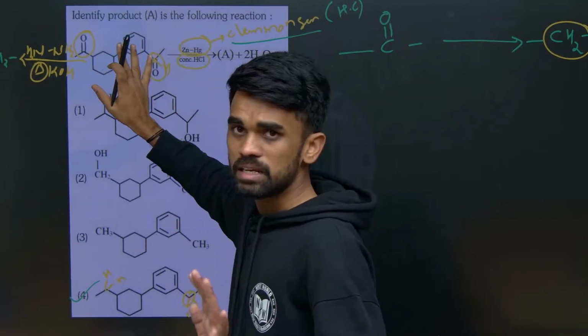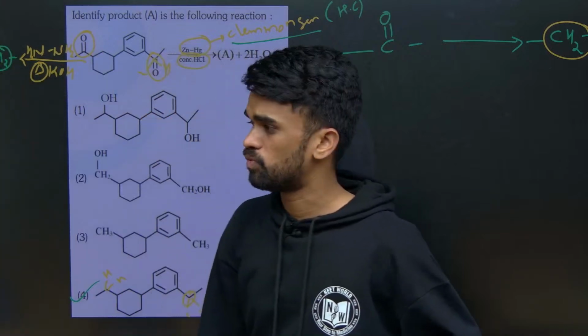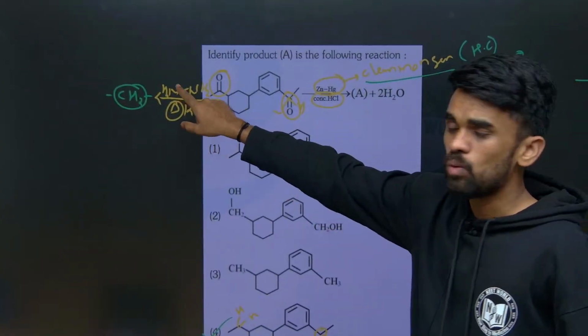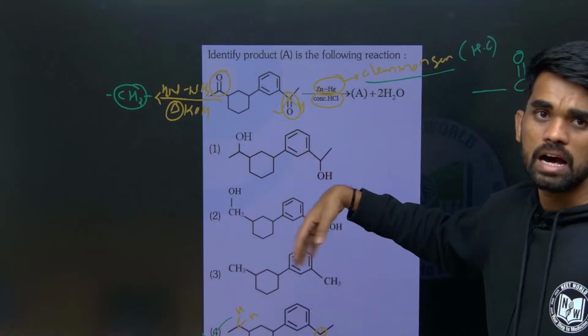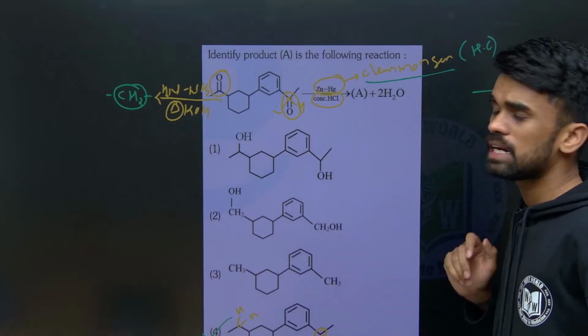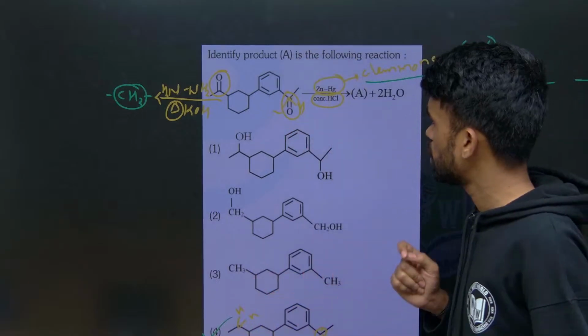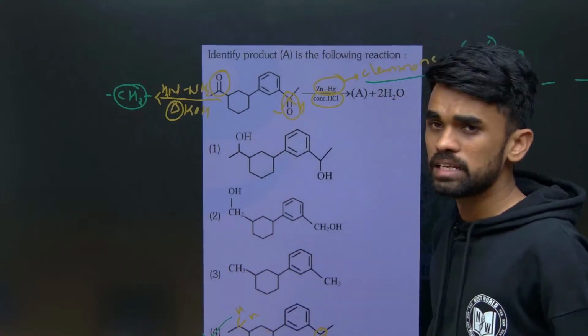The remaining part remains the same, only the CO group is converted into a CH2 group. So this is the Wolff-Kishner reduction, and that is the Clemmensen reduction. These things we already discussed very clearly in the hydrocarbon chapter. You can refer to that playlist where you will have everything regarding the hydrocarbon part.